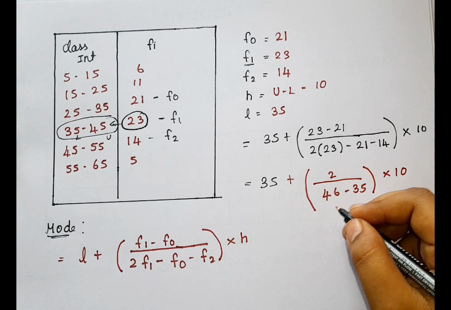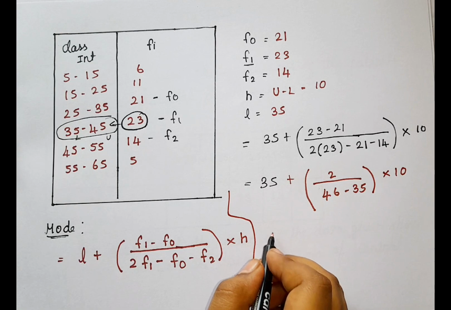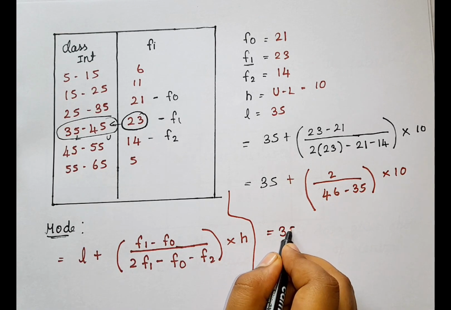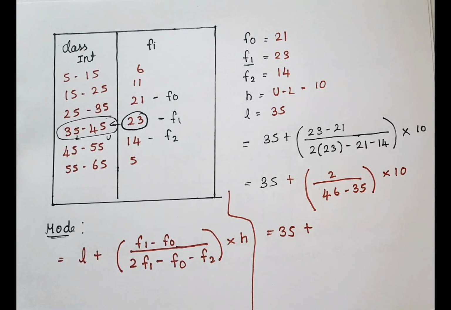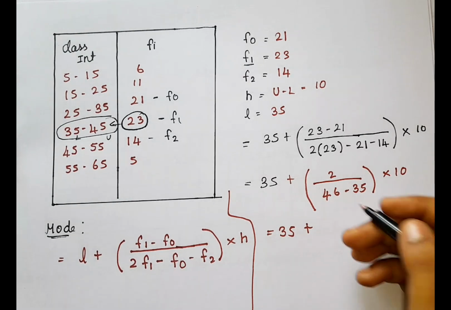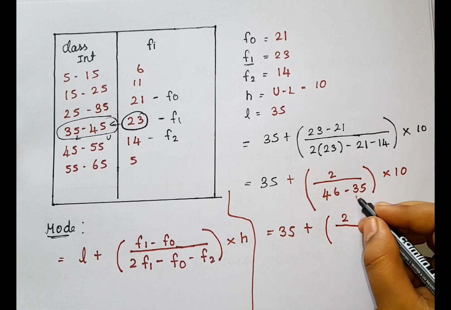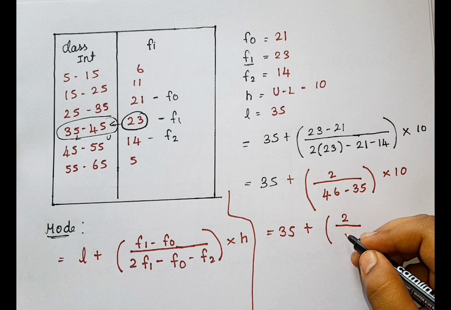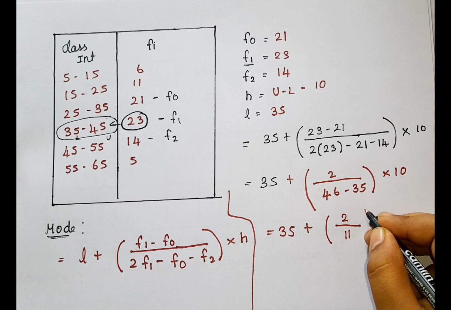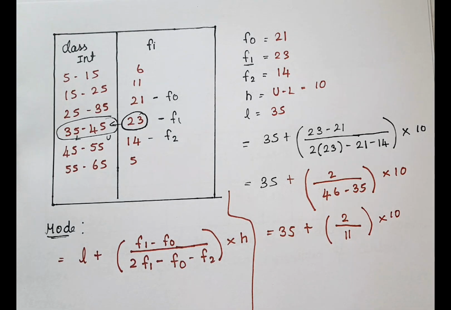Now once again, 35 plus bracket 2 divided by 11, bracket into 10. One second, I don't have space.